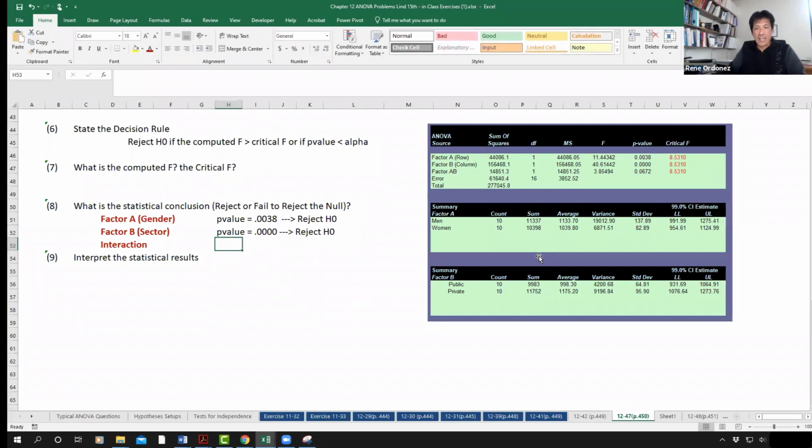And then for the interaction effect, here's the A and B. That's the interaction effect. And we pick up the p-value, which is 0.0672. So based on the significance level of 0.05, we will fail to reject the null hypothesis.